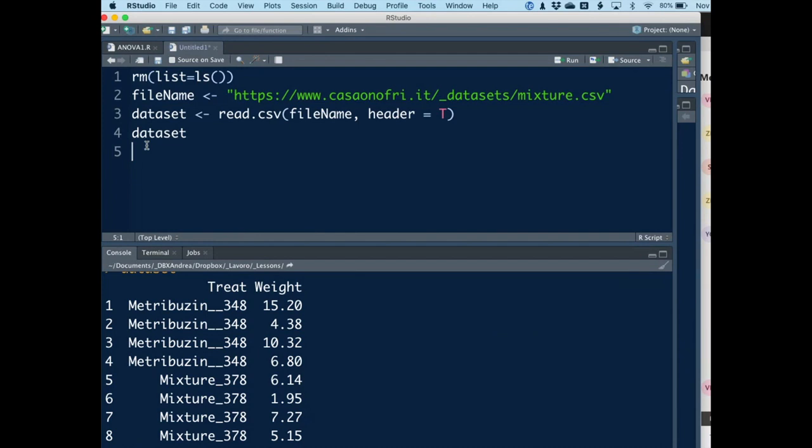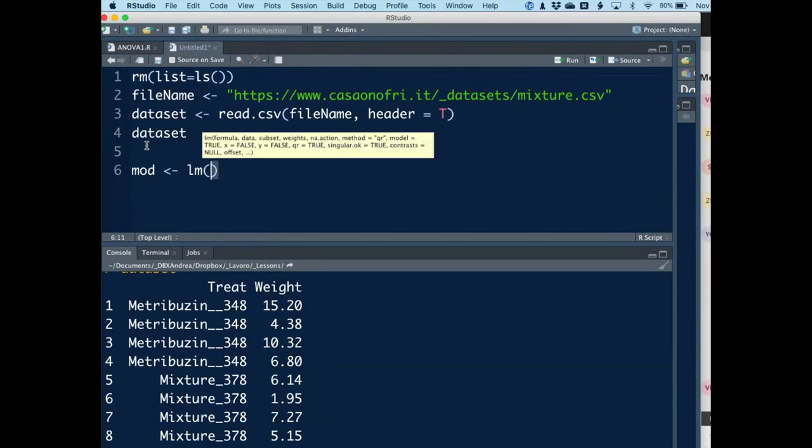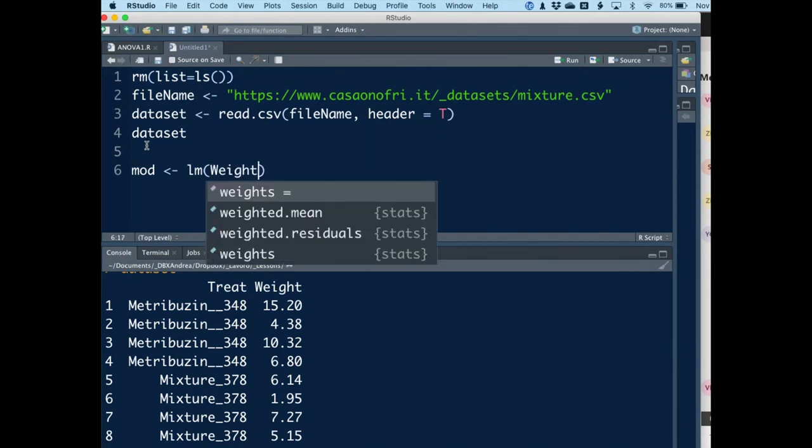Now, what we do is just to fit the model at the beginning, because we cannot check the data before fitting the model. So we fit the model by using the lm function as we did yesterday. And the response variable is the weight.